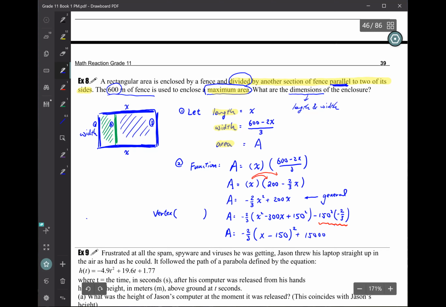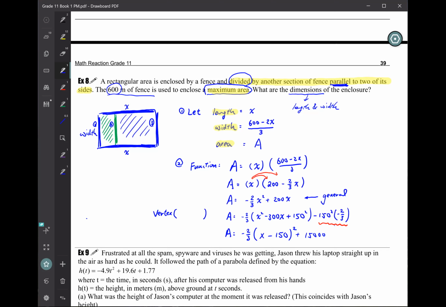Okay, thank you. Anyone got something different? Colin, Harry, Ivy, Jenny, Marcus, any trouble getting standard form? So Jenny, what's the vertex then?